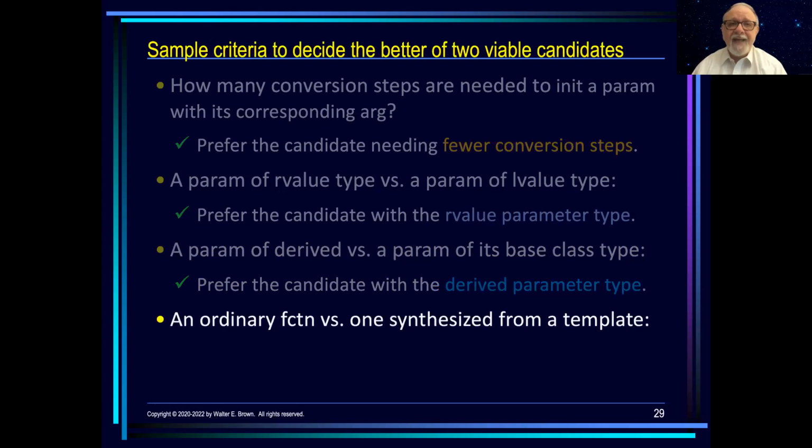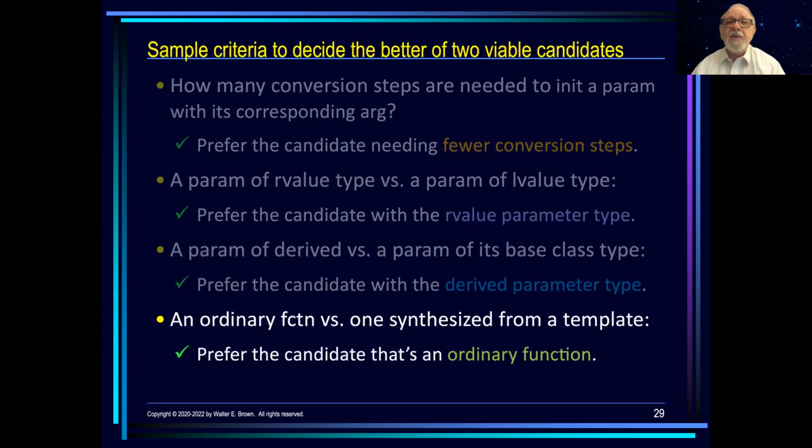If one of the candidates is an ordinary function and the other one was synthesized from a template, we're going to prefer the ordinary function. So that's a sample of the considerations that the compiler gives when it compares pairs of candidates that have been all considered viable.